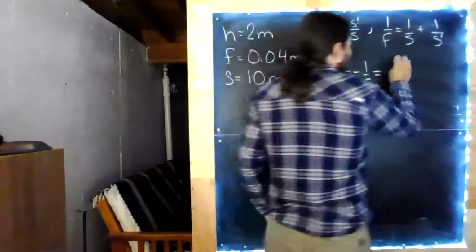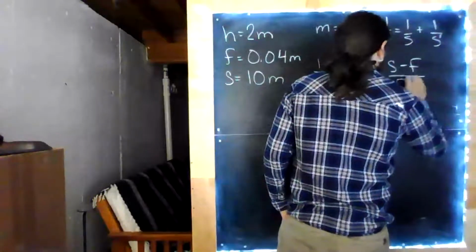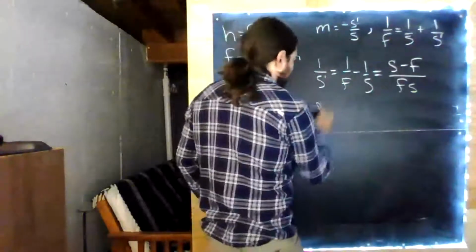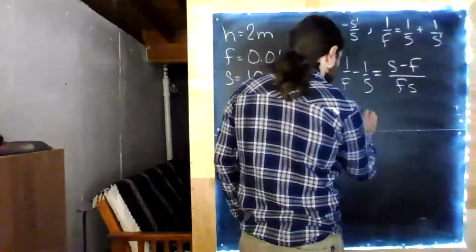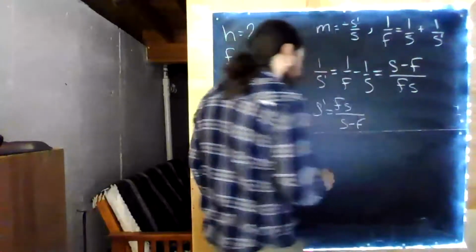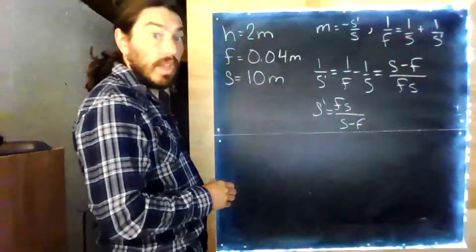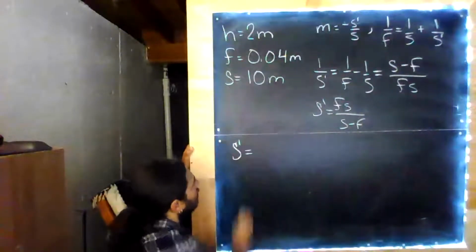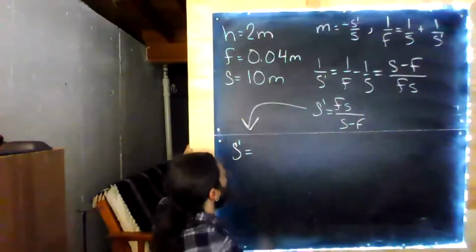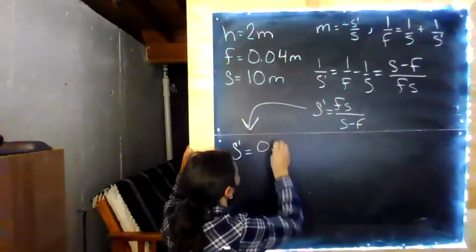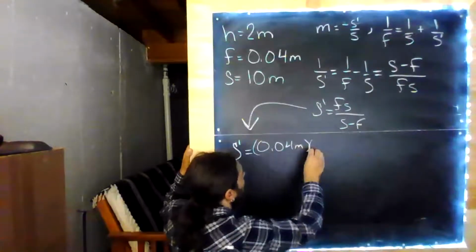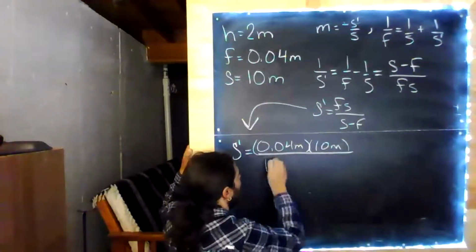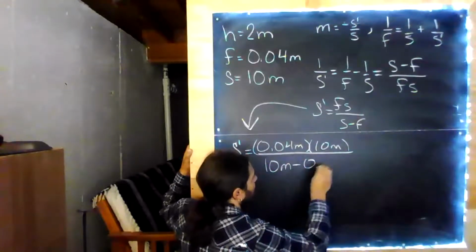Find the common denominator, flip both sides upside down, and now we can plug in our numbers. s prime is f times s, 10 meters, divided by s minus f.